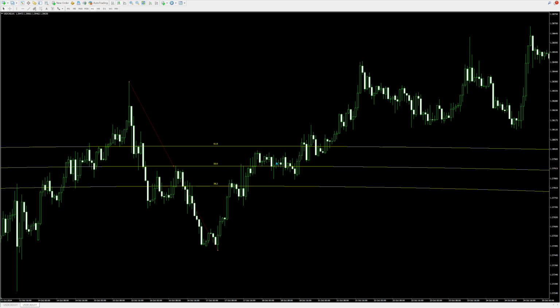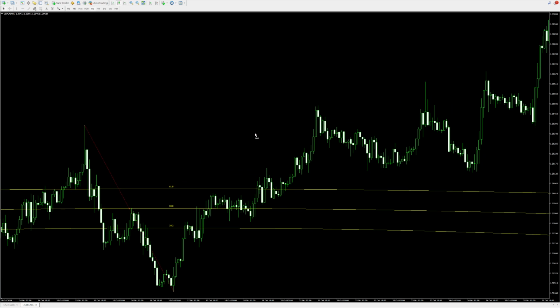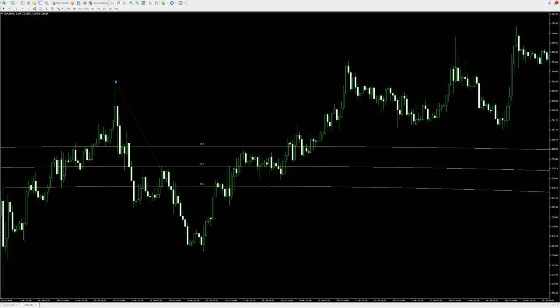But again, when there's lots of consolidation like this, it's just hard to differentiate, I feel, where the support and resistance level should be. I would personally much rather just draw my own.